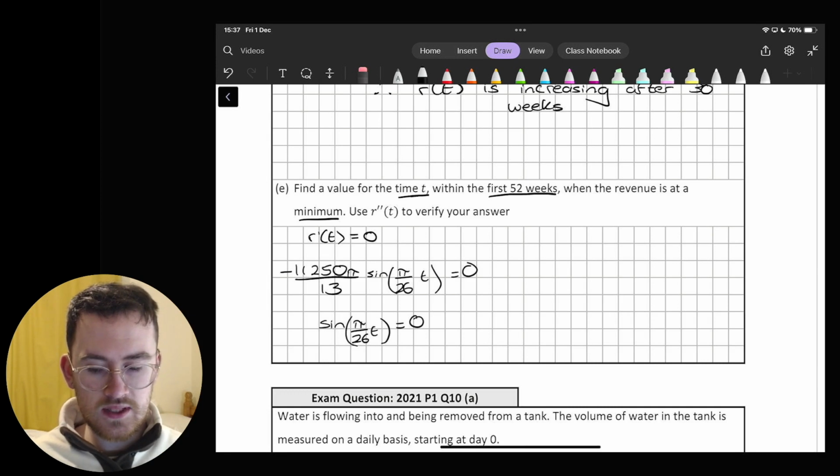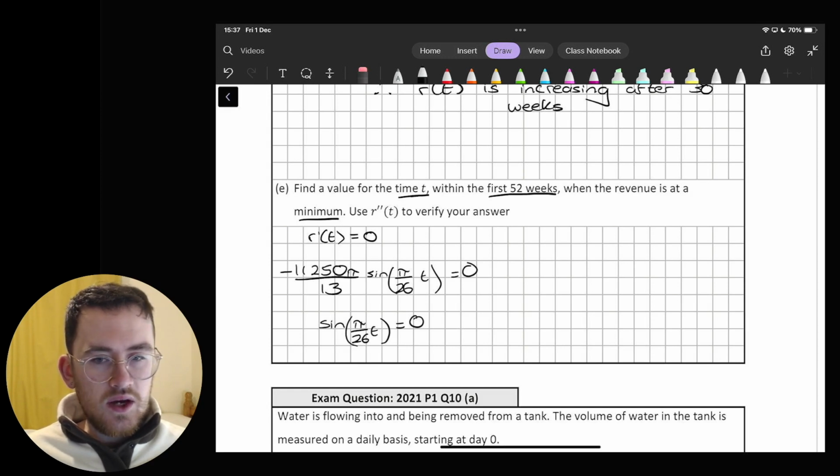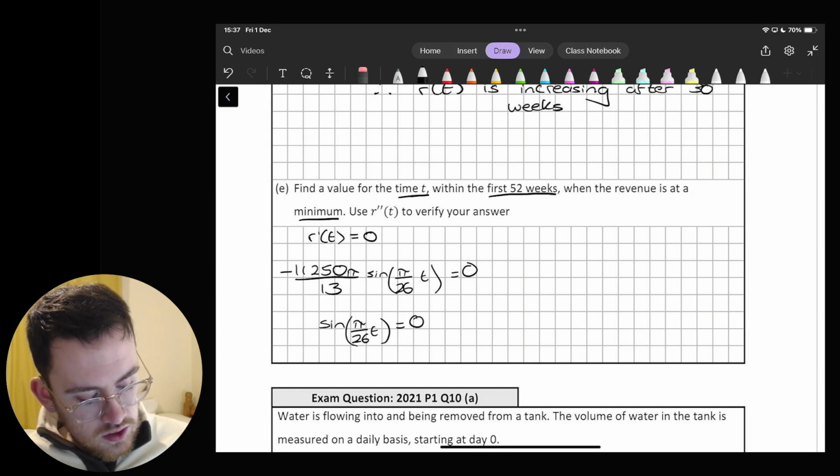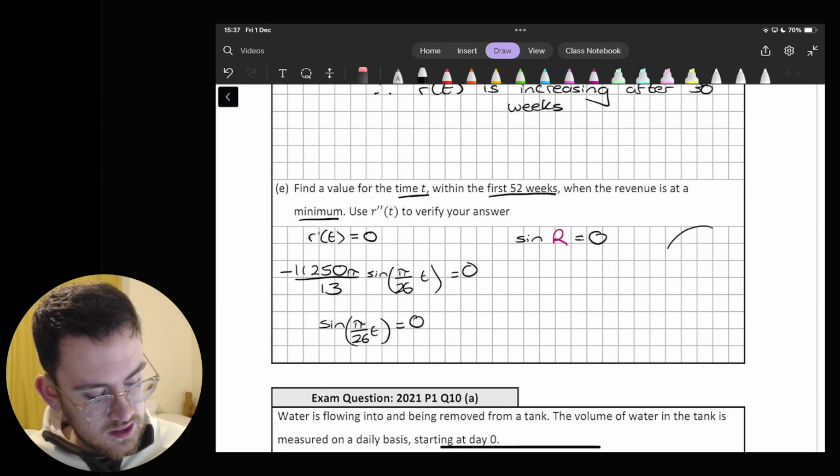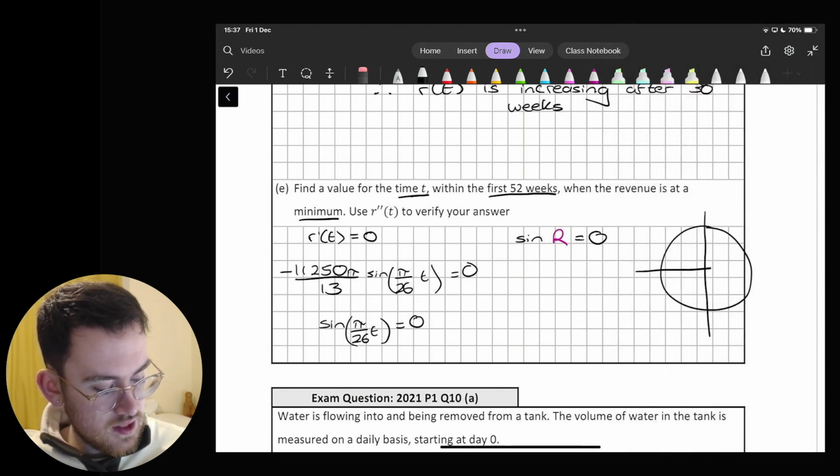Okay, so having a look at what this means, we can use our reference angles here. So we're looking for a reference angle that's equal to 0. That gives me an overall answer of 0.